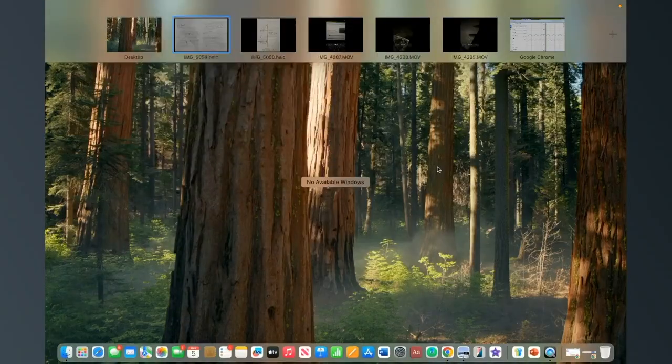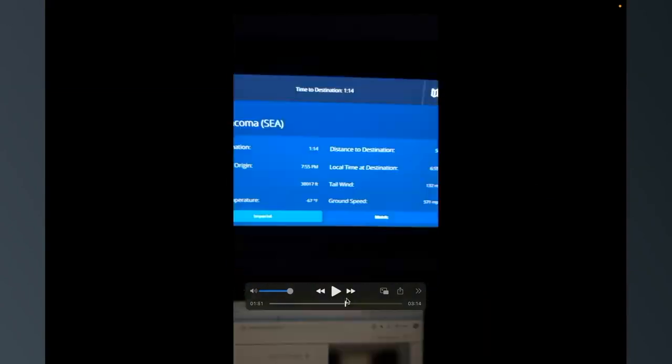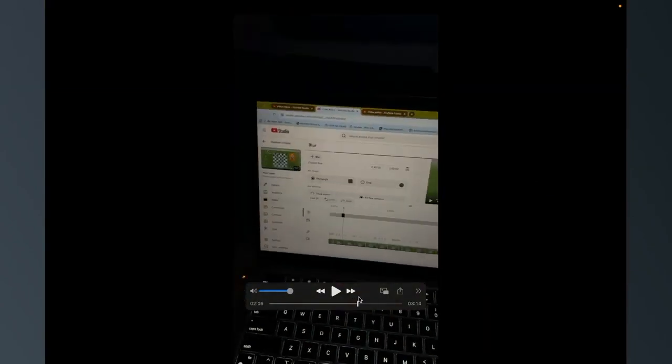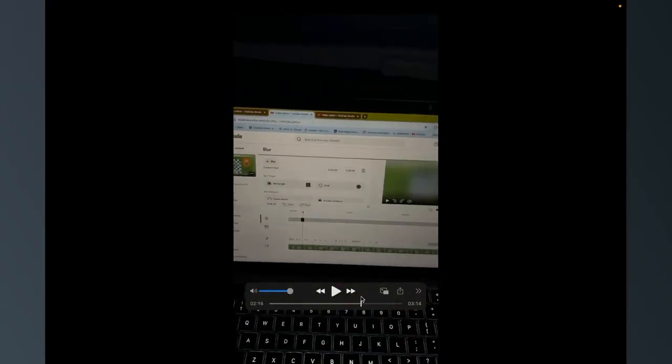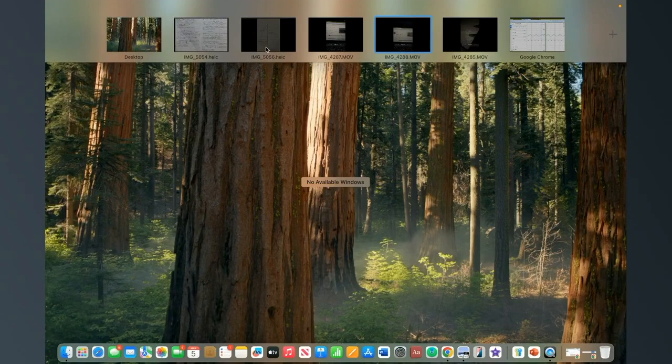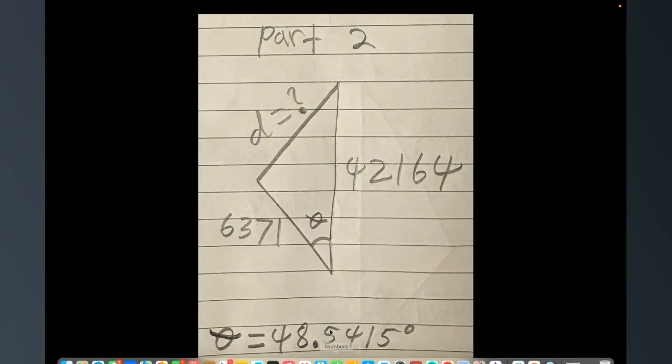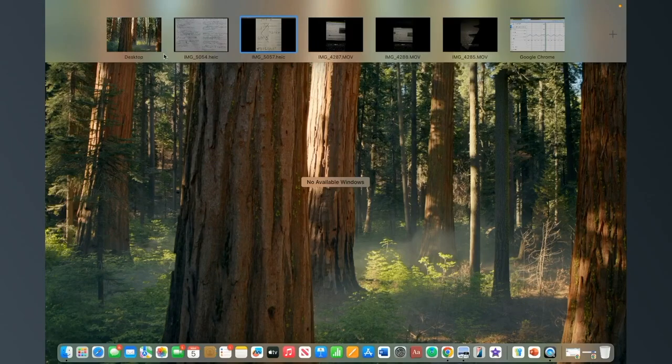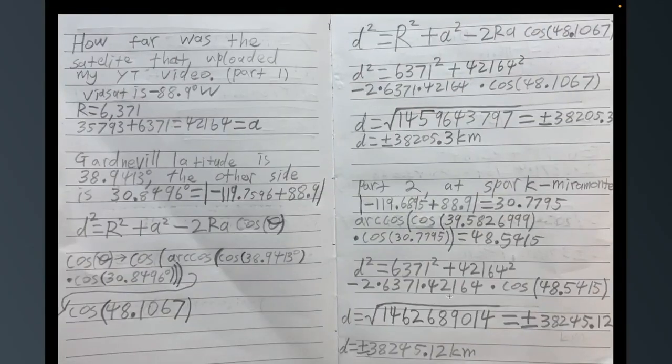And for Park City right here, the beautiful city here, we know the distance from here to the satellite because we know the angle theta we calculated. Here we know the angle theta.